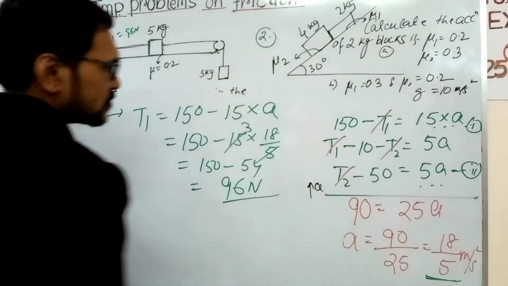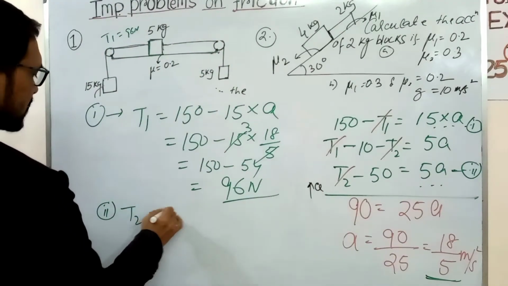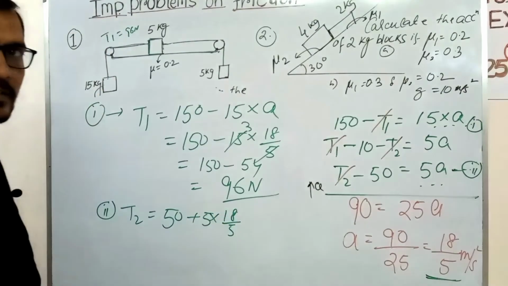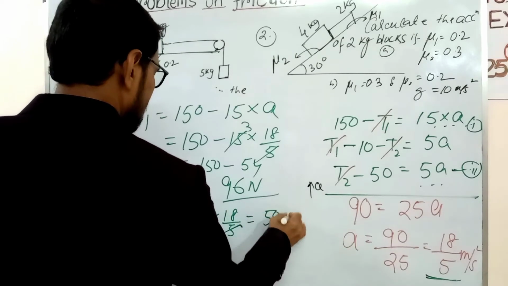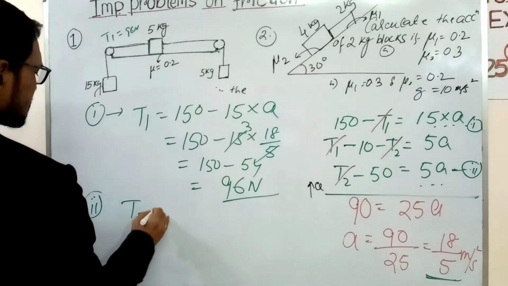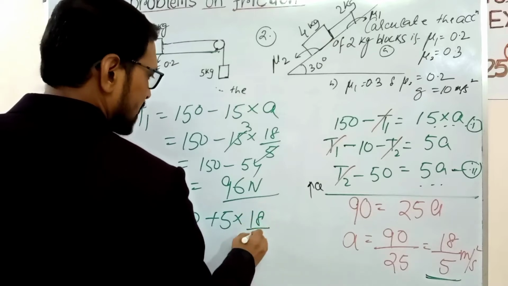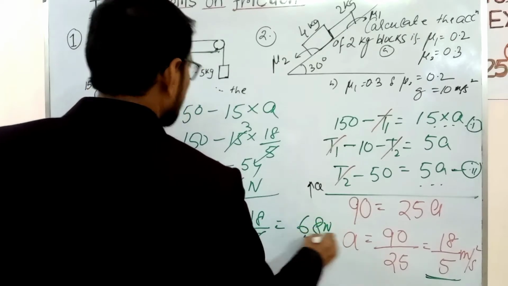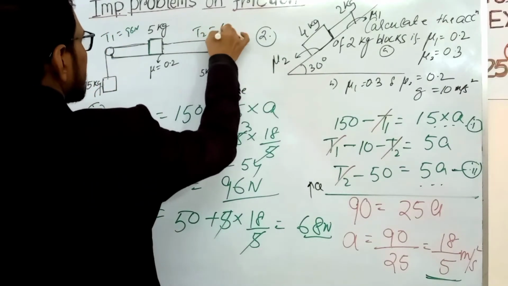Now what is T2? From equation 2, T2 equal to 50 plus 5a, a equal to 18 by 5, so T2 equal to 50 plus 5 into 18 by 5, the 5s cancel, so this is 50 plus 18, 68 Newton. So the tension T2 is 68 Newton.